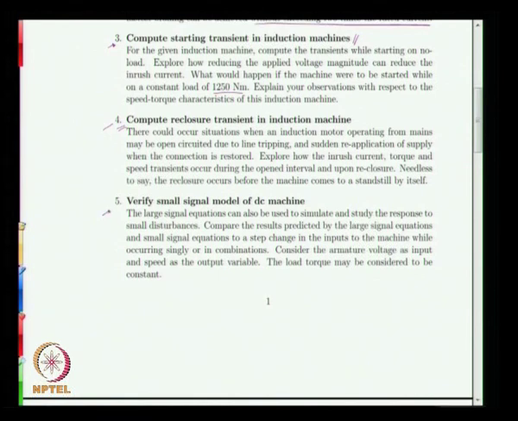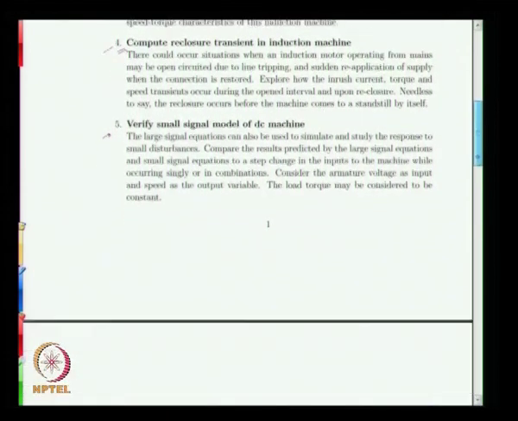The fifth assignment is, we have derived small signal models both for the induction machine and for the DC machine. We had made certain assumptions that some things are small and some things can be neglected and so on. So how does an estimate of the behavior using the small signal model compare with the unapproximated large signal model equation itself? The same disturbance that you apply to the small signal model can also be given to the large signal model.